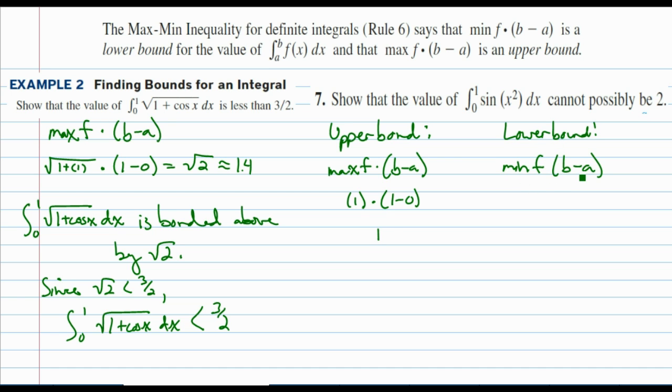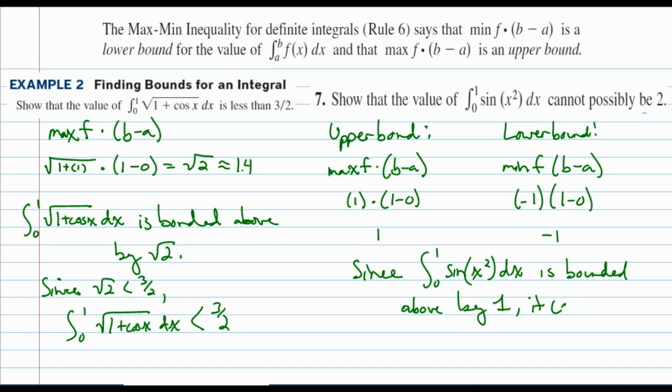Our lower bound, the minimum of f, is, well, the smallest sine can be is negative 1. Even though we're squaring x, we can still get something that is negative 1. And then b minus a is 1 minus 0, so that's negative 1. Regardless of what our lower bound is, we can see that since the integral from 0 to 1 of sine of x squared dx is bounded above by 1, it cannot possibly be 2.